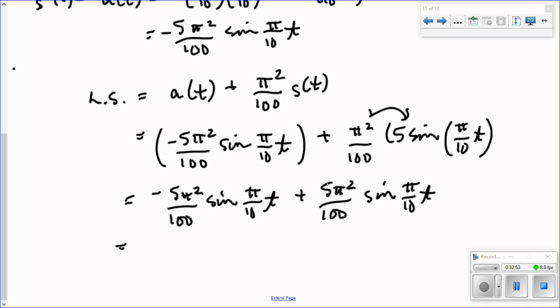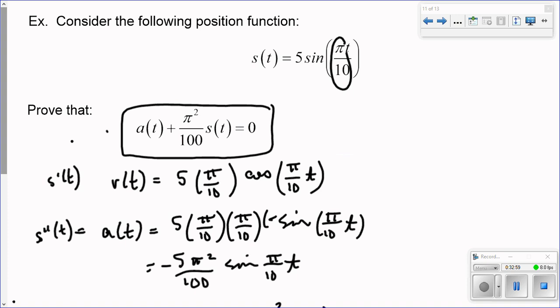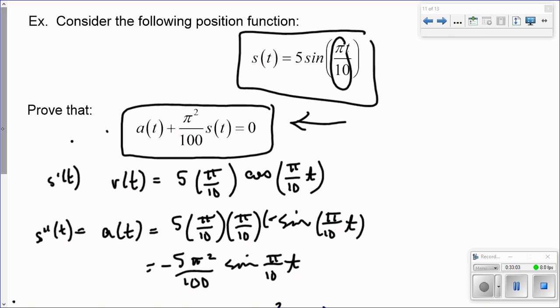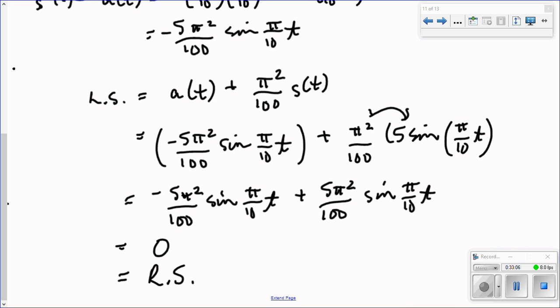One's negative, one's positive. That's 0, so that equals my right side. And my differential equation up here is proven to be true based on this function and its first and second derivatives. Okay, that's it for the chapter.